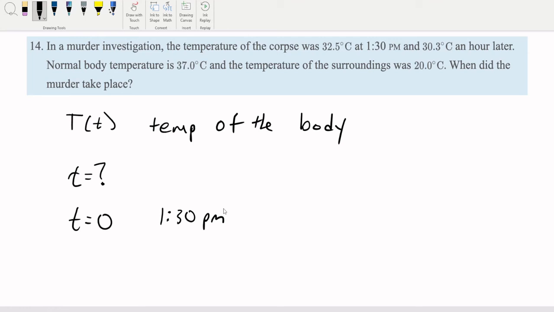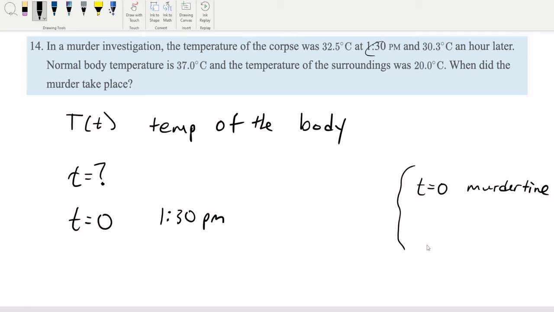Okay. You can do other things though. Here are your options. You could let t equals 0 be the murder time. That's trickier because you don't actually know when that is, so it's harder to write 1:30 in regard to that.